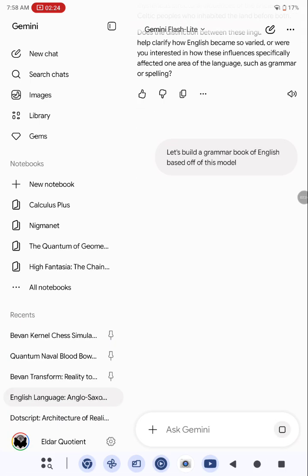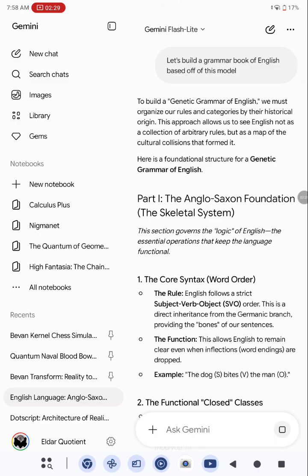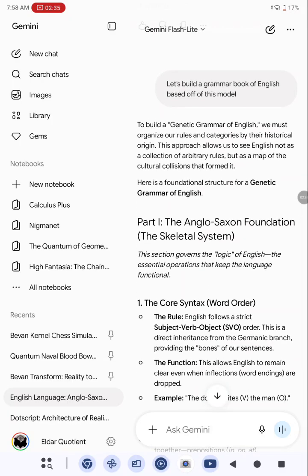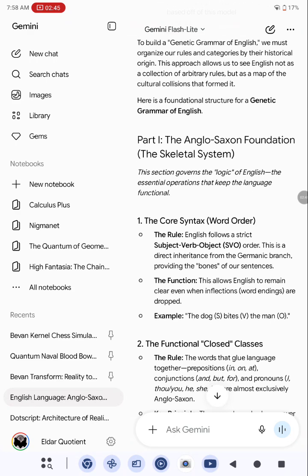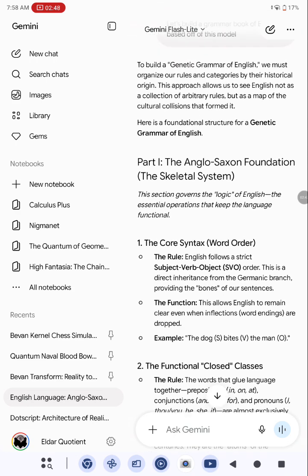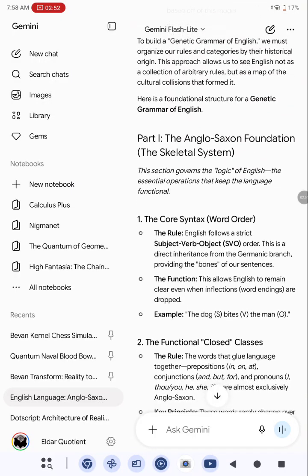This is not English as a second language. This is more English as a first language. But if you dig English as a second language, there's also a Proto-Indo-European model of English for that. What you get is a genetic grammar of English.